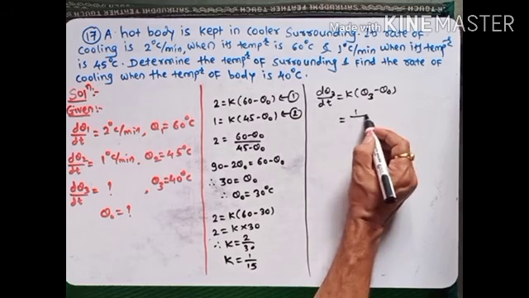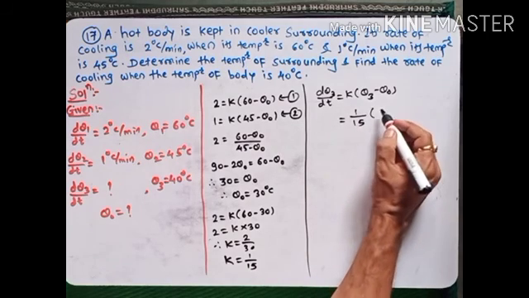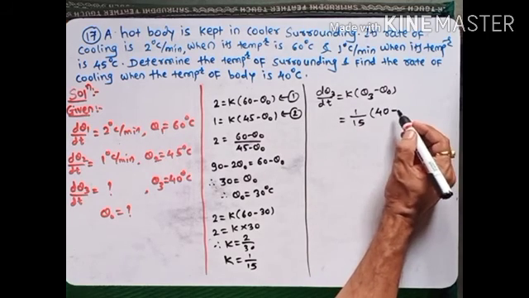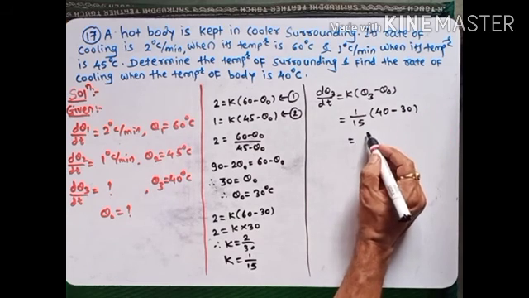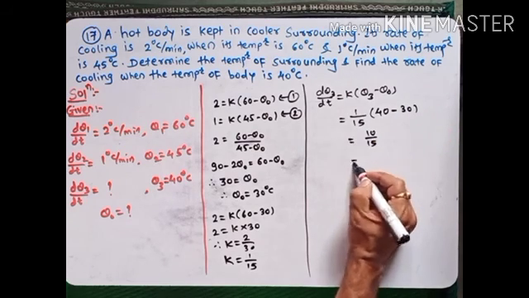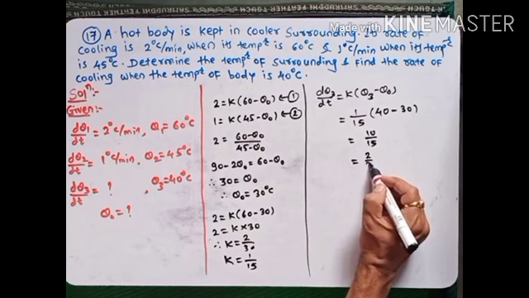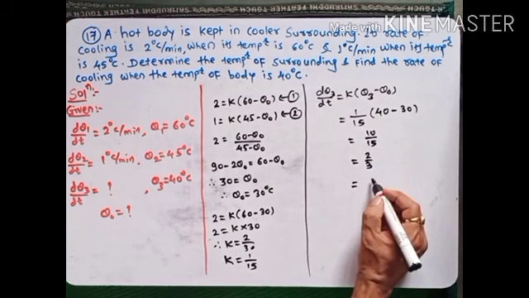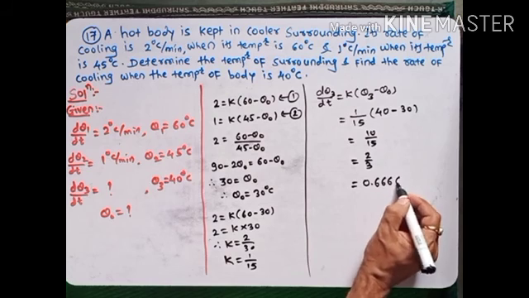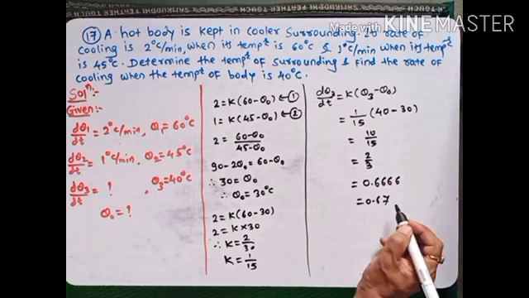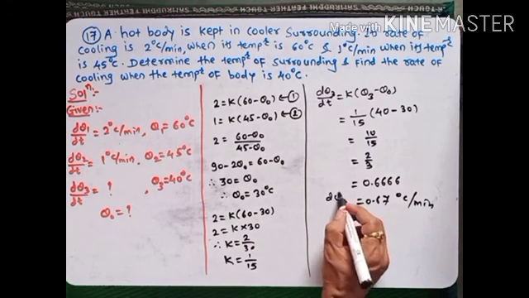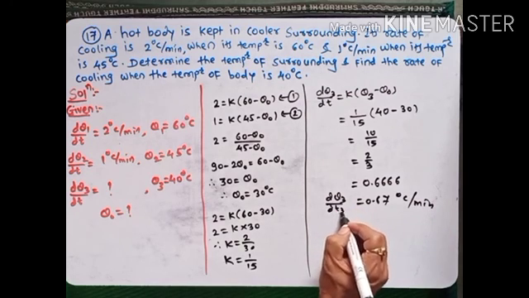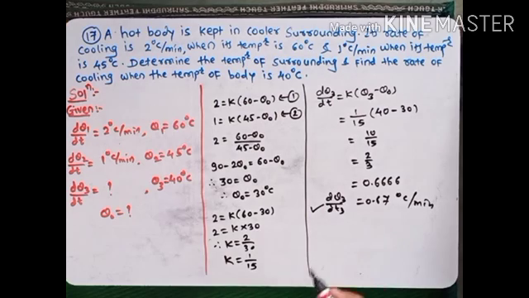We put the value of k, 1 by 15. θ3 is given 40, minus θ0, we have calculated 30, means 10 by 15 or 2 by 3, means we get here 0.6666 or 0.67 degrees centigrade per minute. This is the dθ3/dt3. That means this we have asked, also this we have asked.